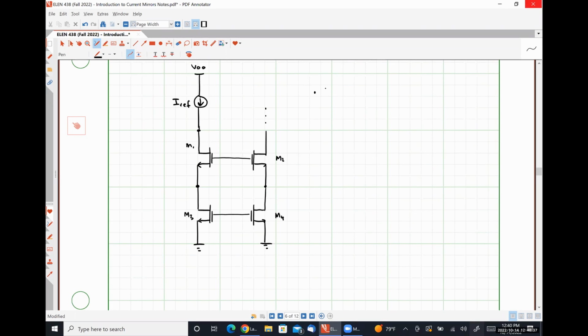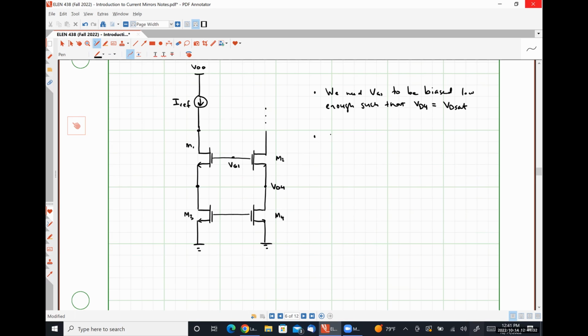First, we need VG1, that's this voltage right here, to be biased low enough such that our voltage VD4, which occurs here, is equal to exactly 1 VD sat, so the minimum possible voltage that will keep transistor M4 in saturation.